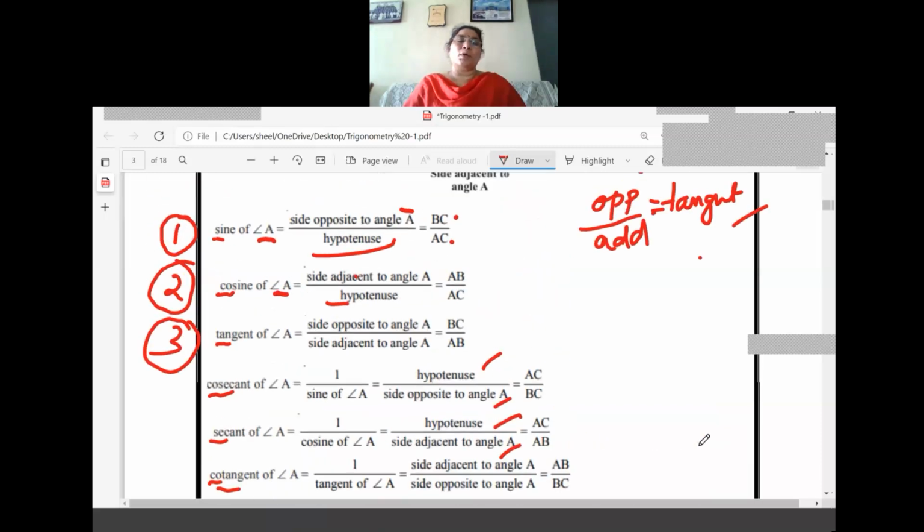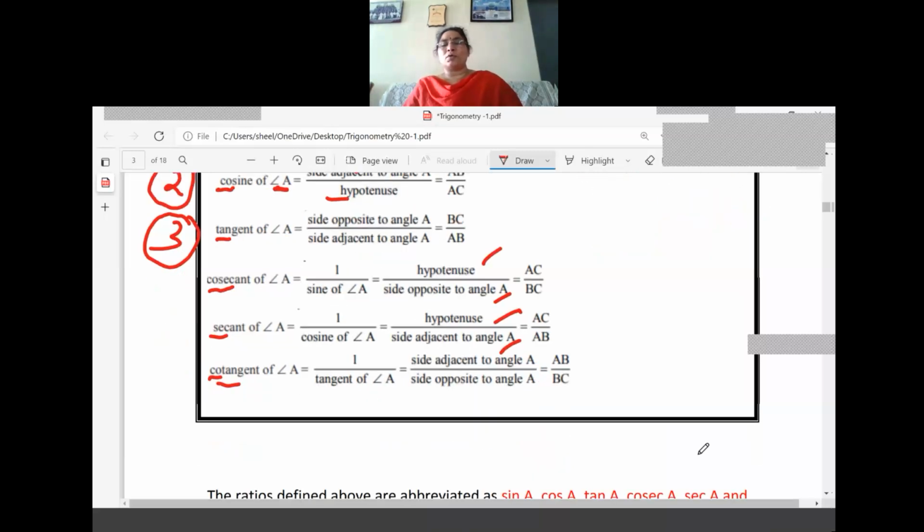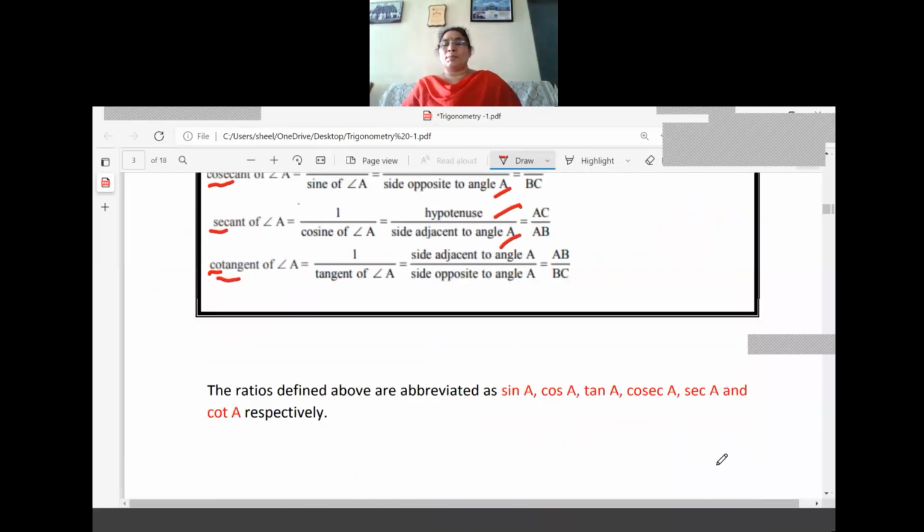First, we have learned the full names: sine, cosine, tangent, cosecant, secant, and cotangent. You can go to the abbreviations now. With respect to A we are learning now: sin A, cos A, tan A, cosec A, sec A, and cot A. So these are the six trigonometric ratios. The ratio is the same. What is for sine?